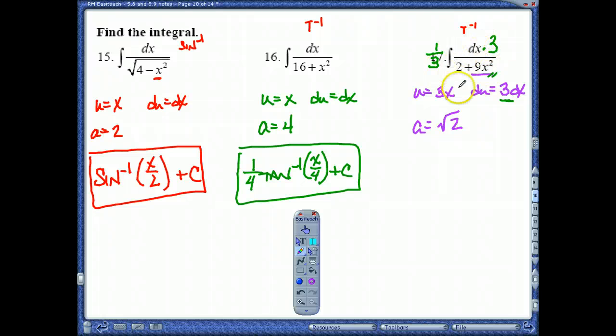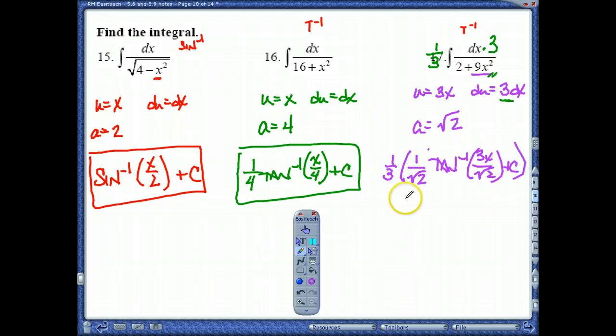So now if I were to substitute all of that out, I would have du divided by a squared plus u squared. So we're still going to have to be cognizant of our du. Anytime you make a substitution, you're going to have to be cognizant of that du. Well, I have that 1/3 out in front from before, and then I have my 1 over a, which is 1 over square root of 2, and then our inverse tangent of u over a, so 3x over square root of 2 plus c.